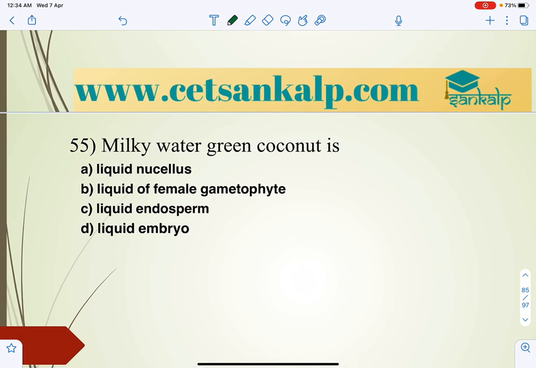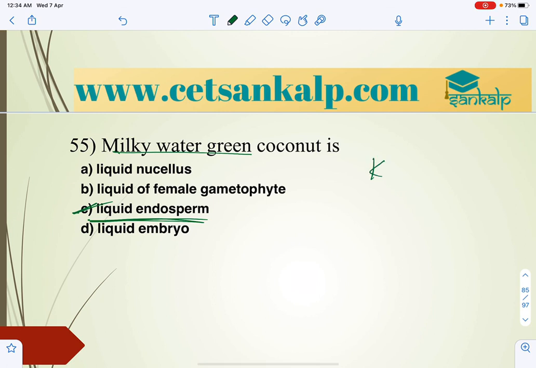Milky watery green coconut. When you consider the coconut, Cocos nucifera, many nuclei will be there, that is multinucleated. So that is the milky watery green coconut. This is endosperm, which is actually liquid endosperm, right?